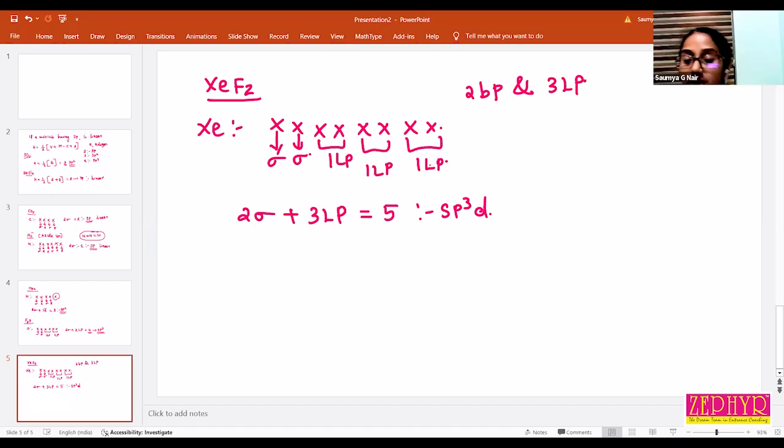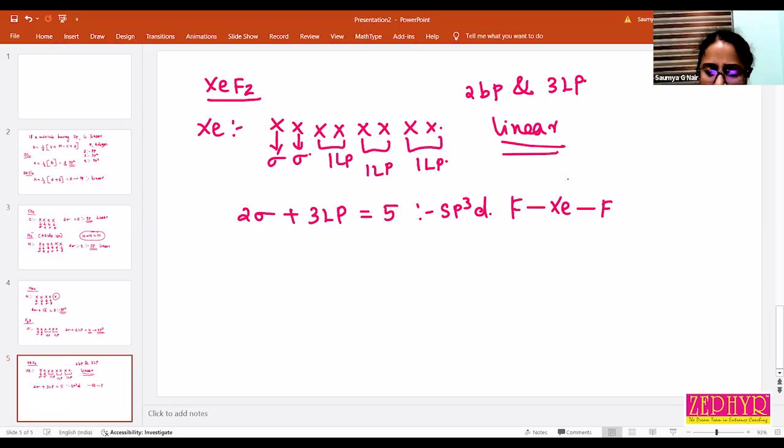But note this down: if a molecule has 2 bond pairs and 3 lone pairs, it is a linear molecule. Ignore the hybridization. The picture is like that.